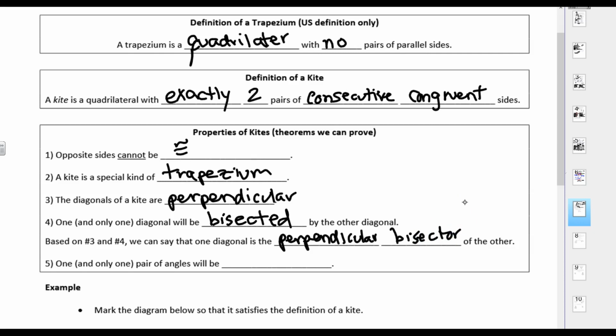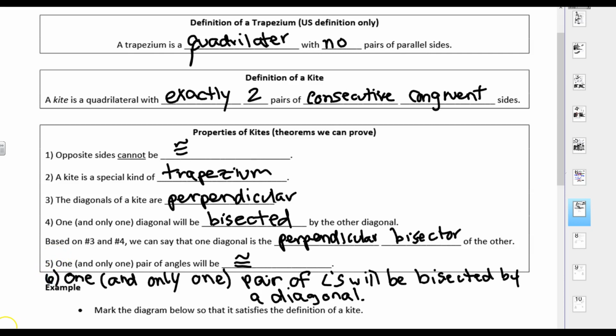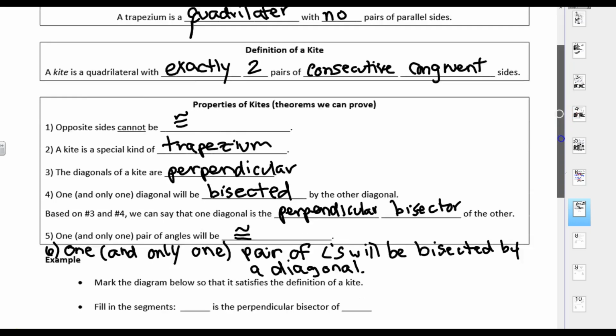And one and only one pair of angles will be congruent. And one and only one pair of angles will be bisected. It'll be the other pair that's bisected, which we're going to add right here. So one and only one pair of angles will be bisected by a diagonal.